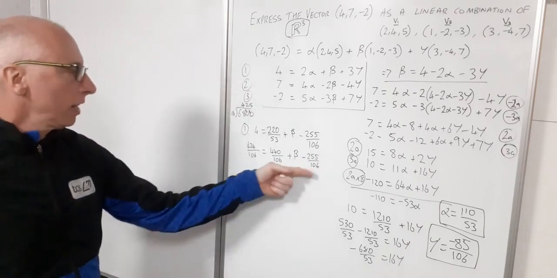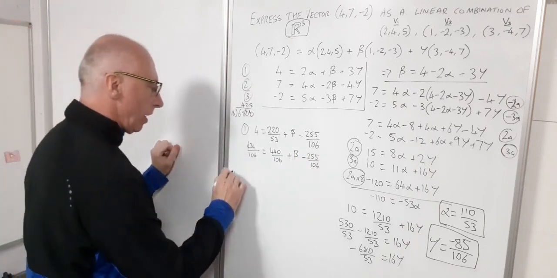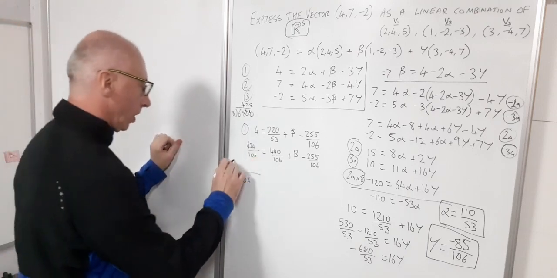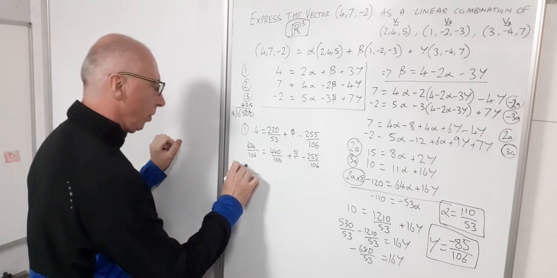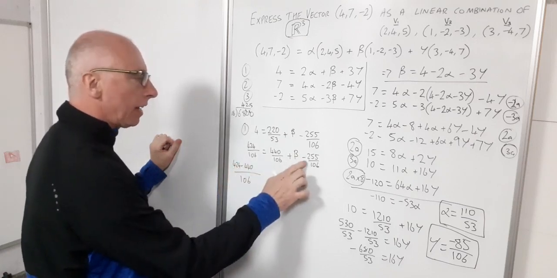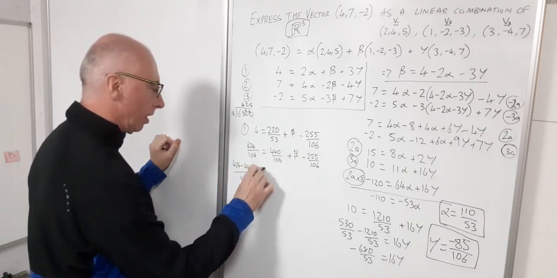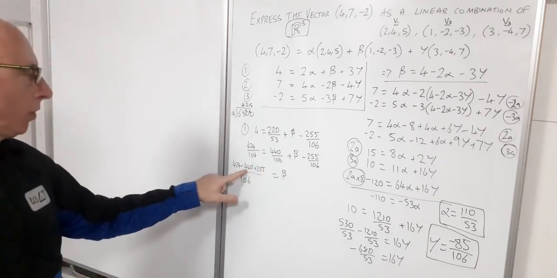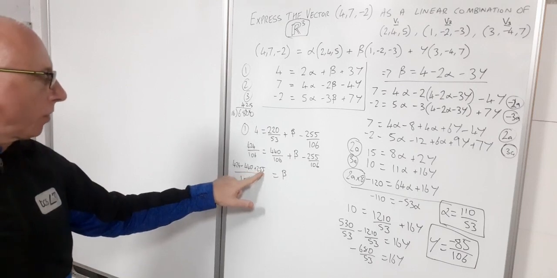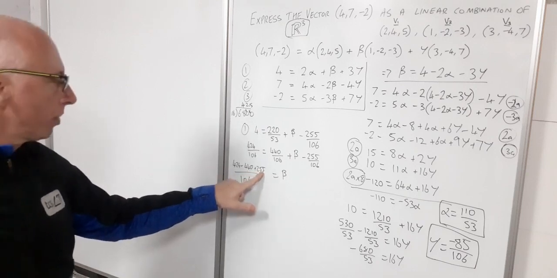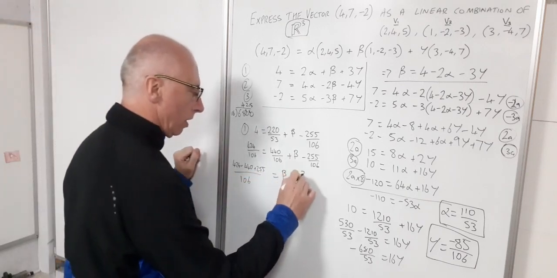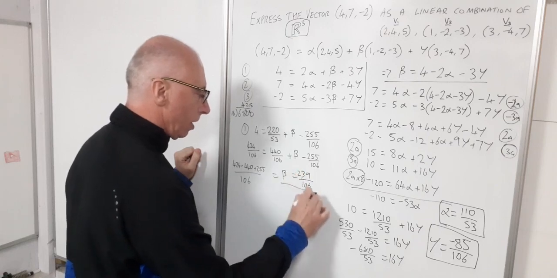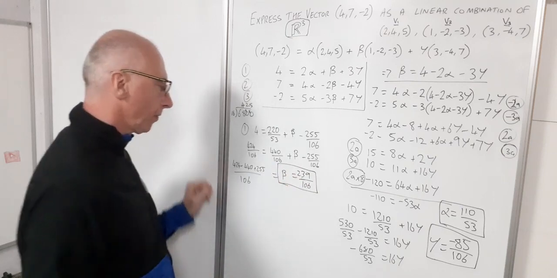I'll get these two over this side, with common denominator 106: 424 minus 440, and then add 255, equals beta. 424 minus 440 is minus 16, plus 255 gives me 239. So beta is 239 over 106.